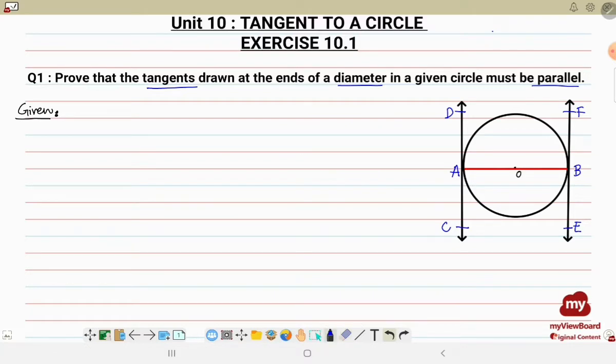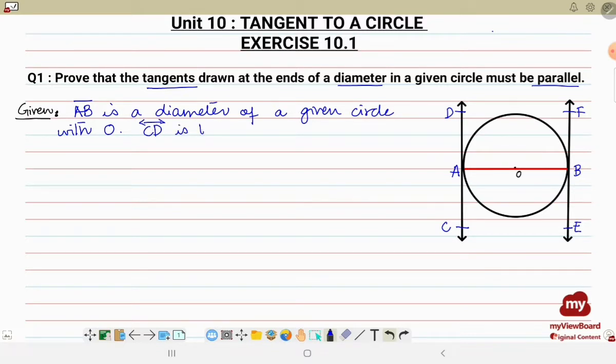Okay, now given is AB, which is the diameter of a circle, with center O. Now all the things which are given to us we have to write.